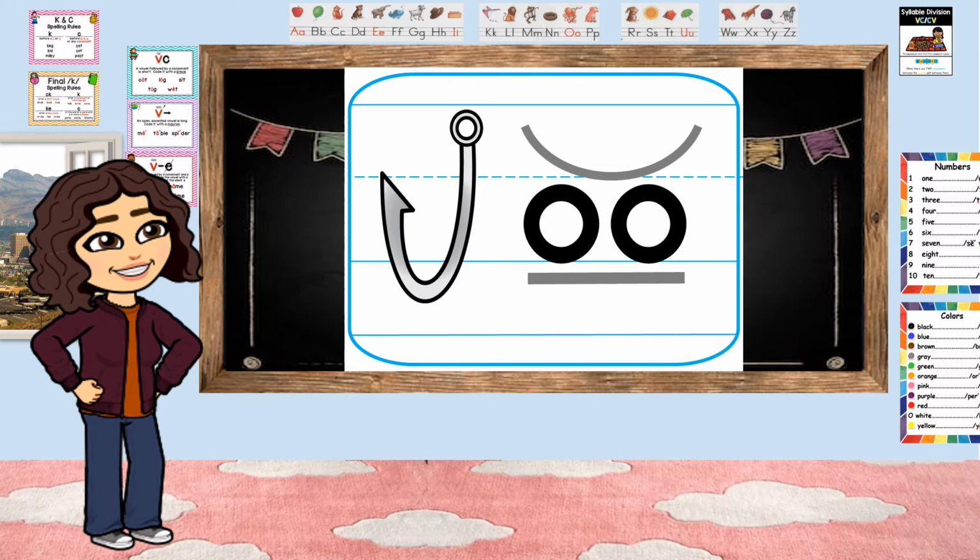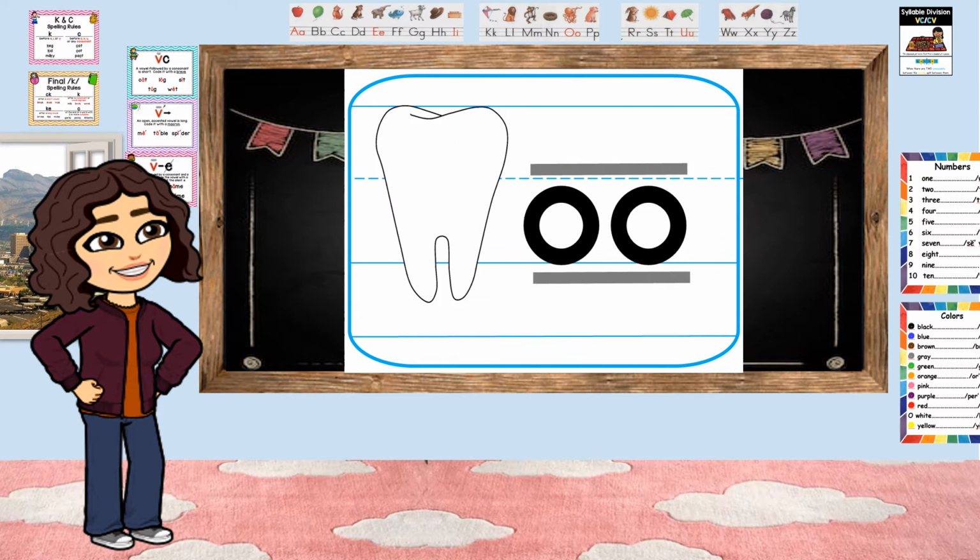It almost sounds like our stomach hurts when we make that sound. Hook. And to remind us of the other sound that digraph OO makes, we have the keyword tooth. So when we see this card, we're going to go tooth, ooh, kind of like when we see something we like, we go, ooh. That's what this sound sounds like.